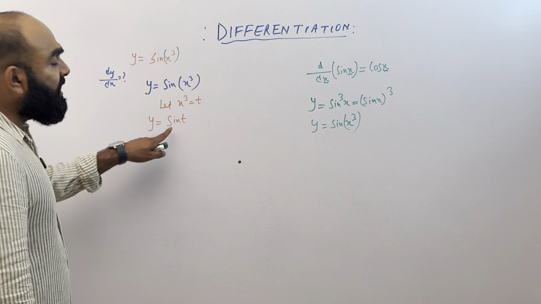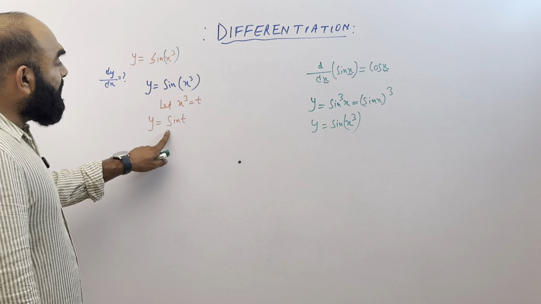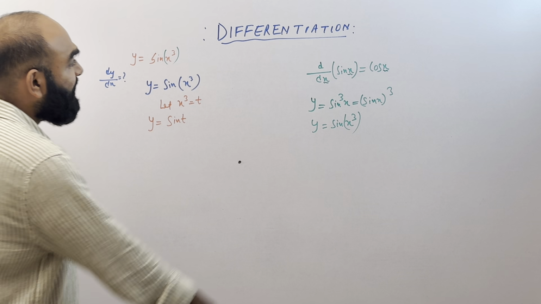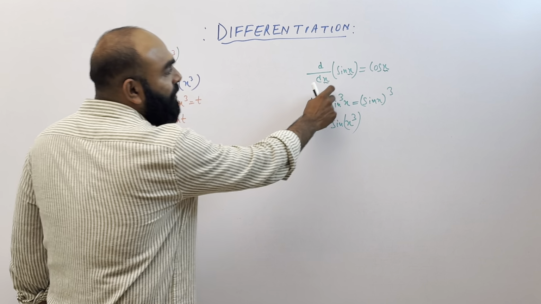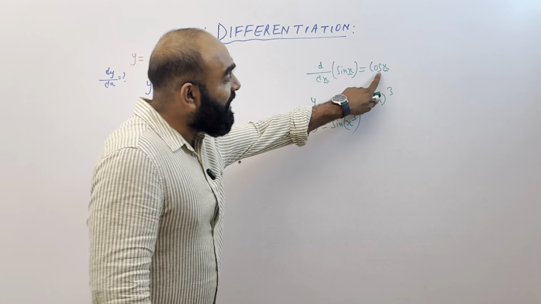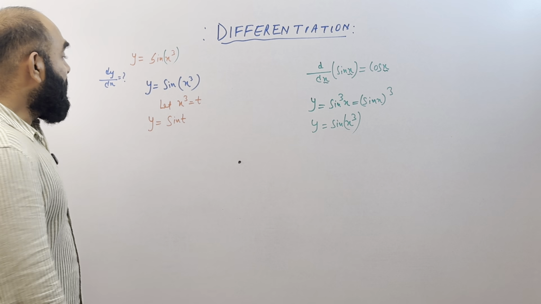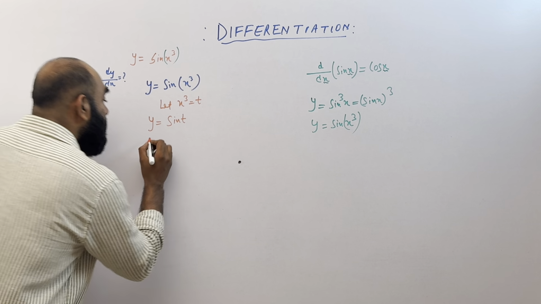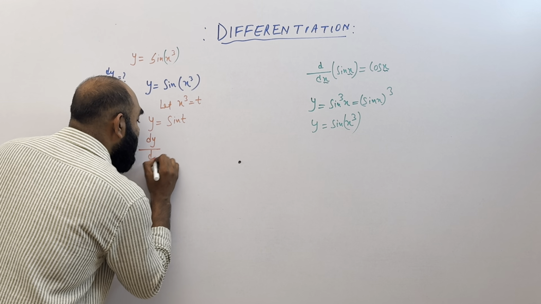If I have to differentiate this function, will I differentiate with dx or dt? Since in the earlier function the variable was x, you differentiate with dx and the result is cos x. This function is of t, the variable is t, so you have to differentiate with dt.